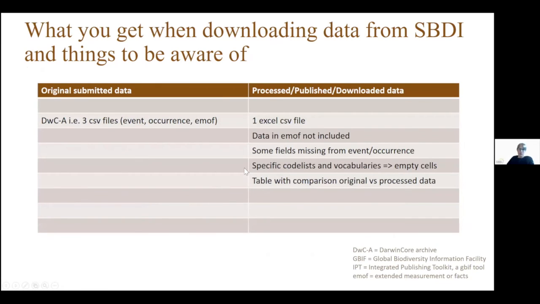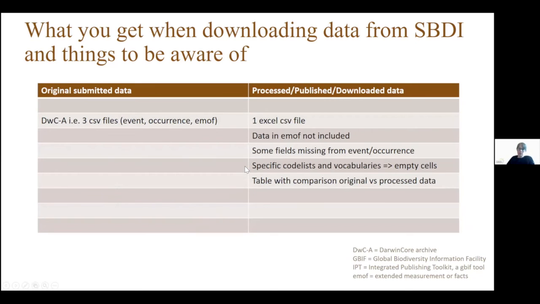Some other things that I've noticed when comparing what's been published with what we actually uploaded. There are some fields that are missing from the event and occurrence tables. I don't know why yet, but I've used the support form to highlight this, and hopefully we'll get an answer.